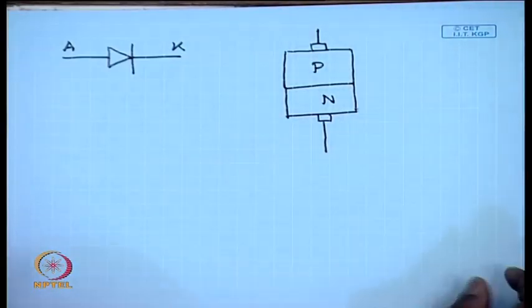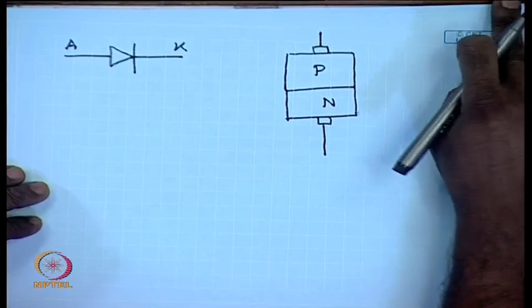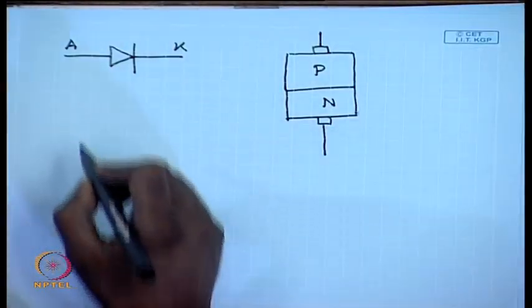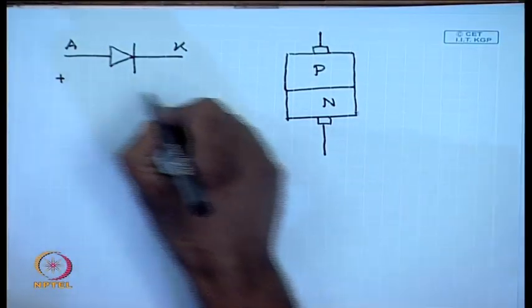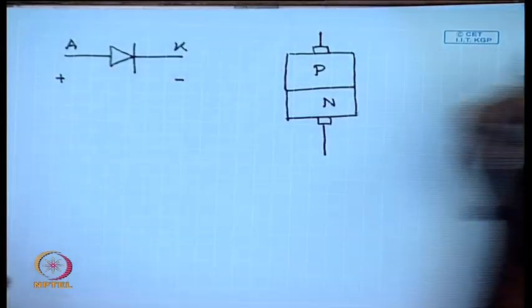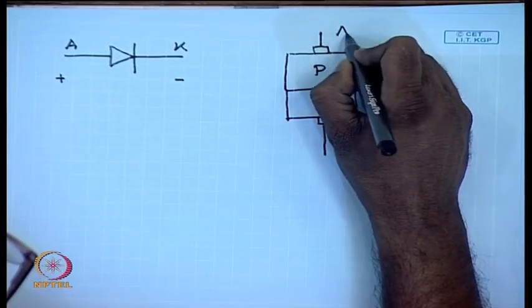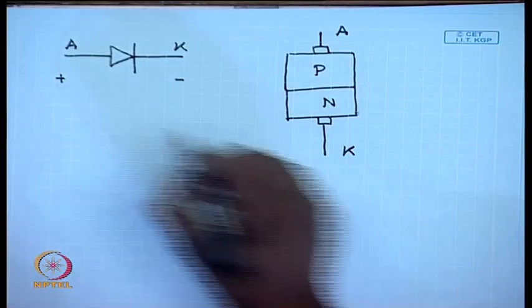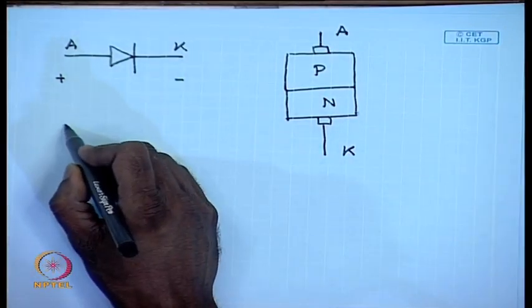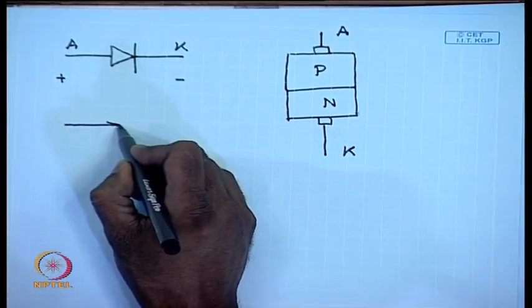The characteristics of a diode is that if you apply a positive voltage between the terminal anode and the terminal cathode, then it behaves like a closed switch with very little voltage drop.